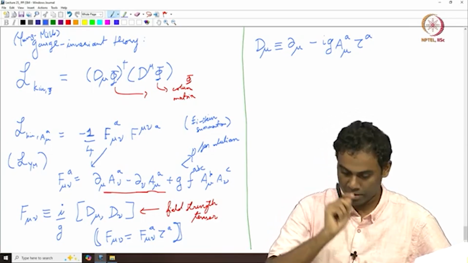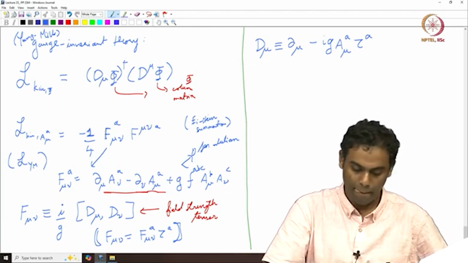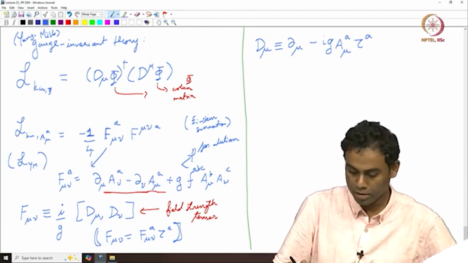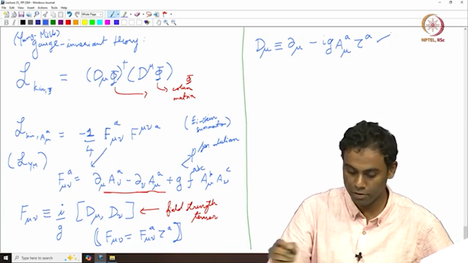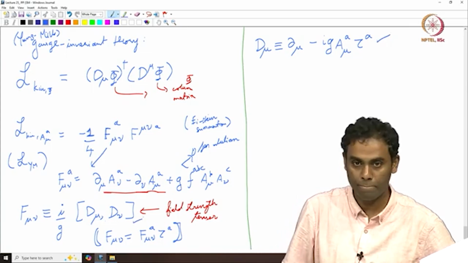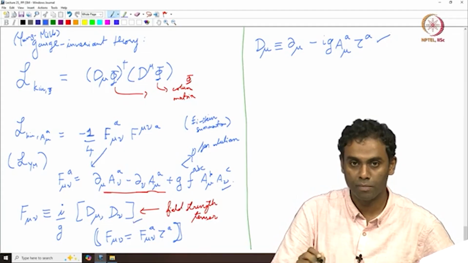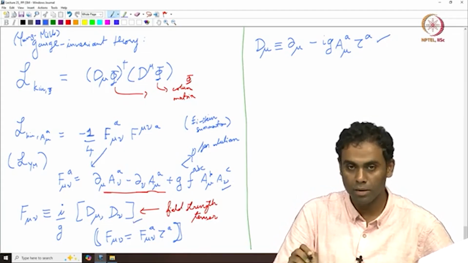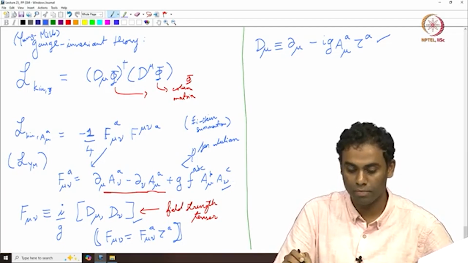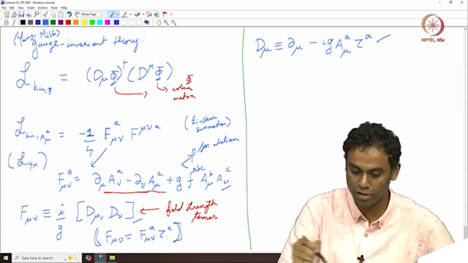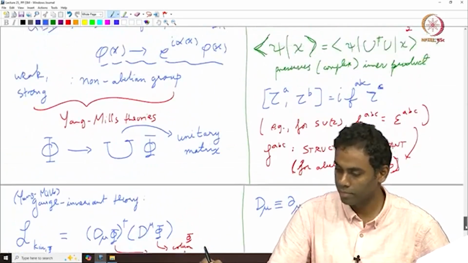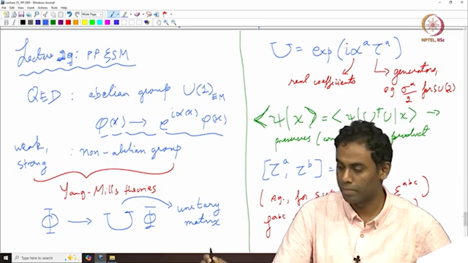Good. When you use the covariant derivative and put it into the commutator, you will end up with this. It's not very easy to see, but go check this. It's actually kind of easy to see once you know the commutation relation of the generators.